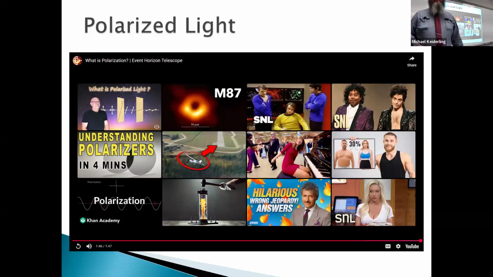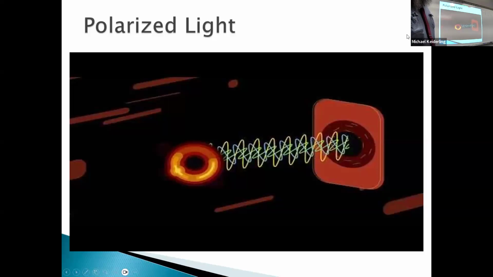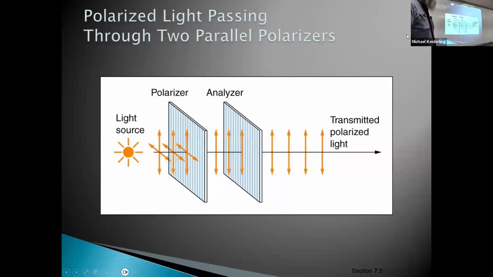So that's one of the uses of polarization. You can use polarization to obtain information about various objects. Dr. Lacani did work using polarization for spectroscopy. That involved circular polarization, I believe.